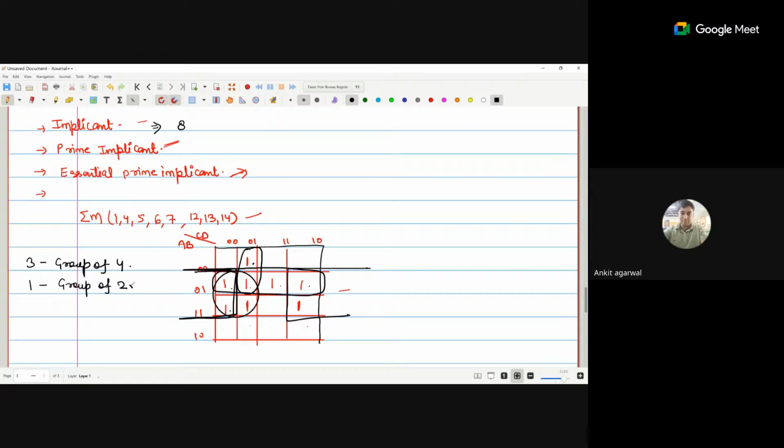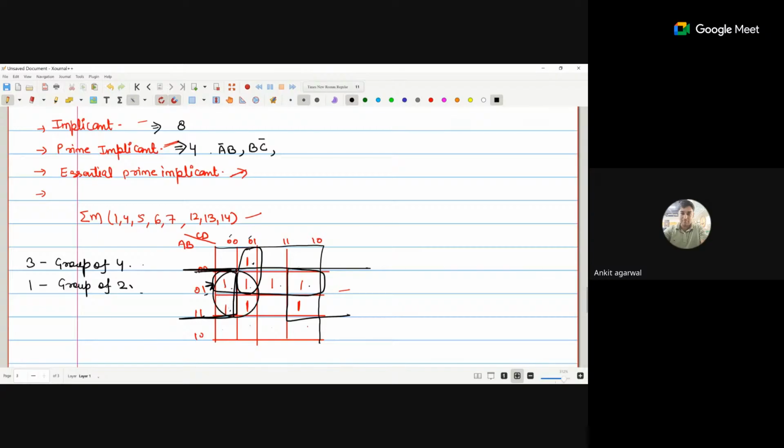Any doubt? No, sir. So how many groups can you form? These are called the prime implicants. So the prime implicants are 4. For every group, we have to write the expression. This is a group of 4, so it is A bar B. Group of 4: B is constant and C is constant, so B C bar.